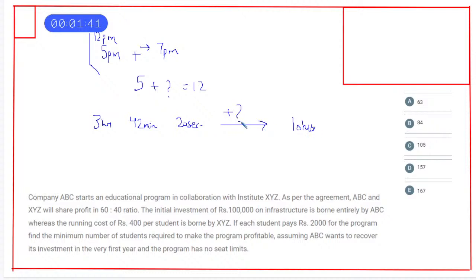Whatever you are adding, that was the actual time in the original clock, and this was the mirror image. And one more way to say this is that you have to completely cover the angle. If this angle is, for example, x, this angle would be 360 minus x.